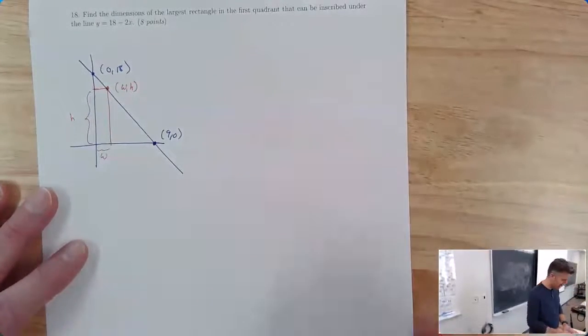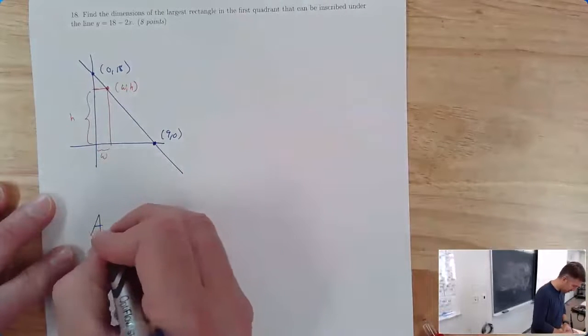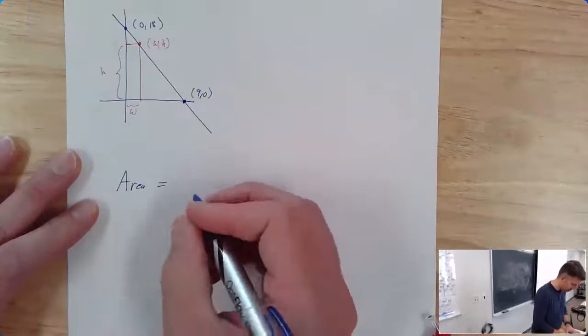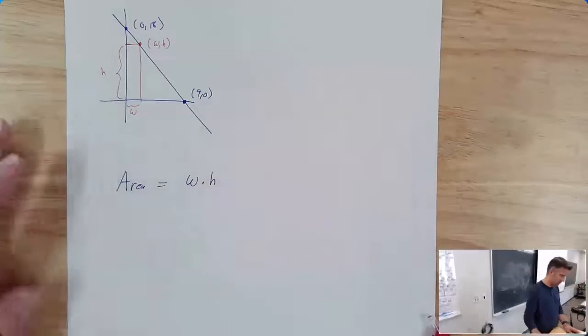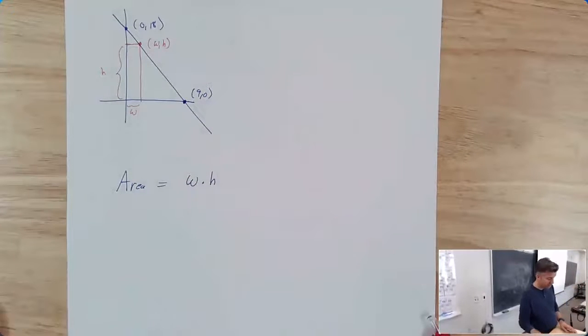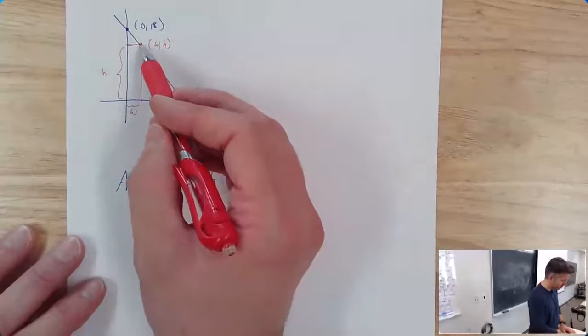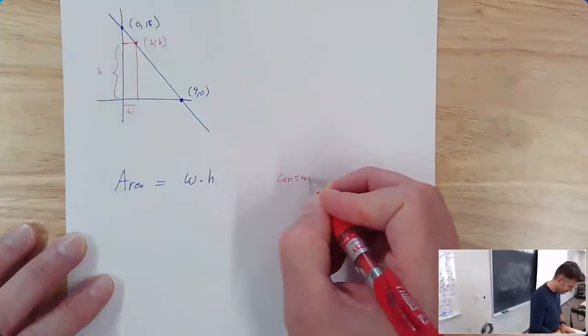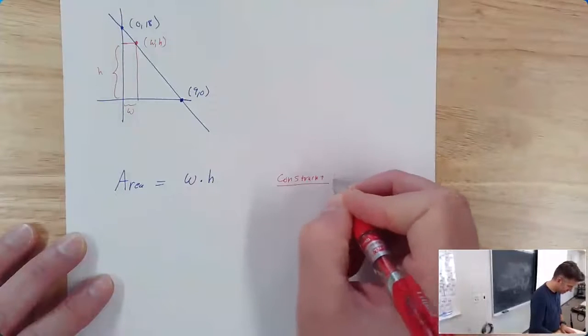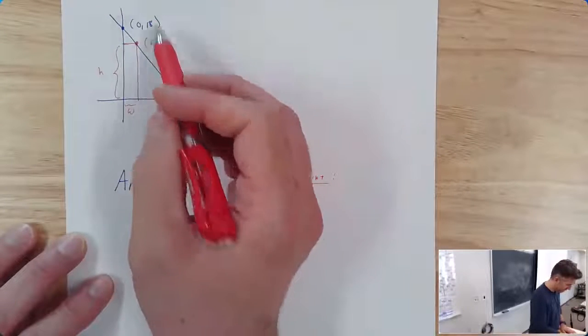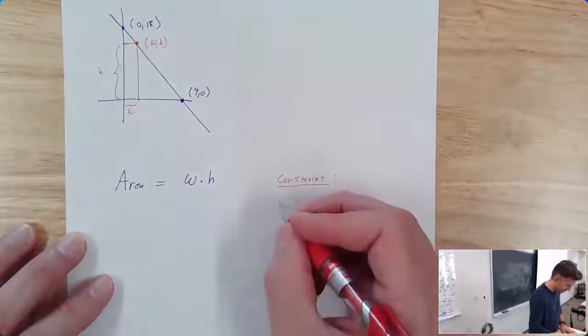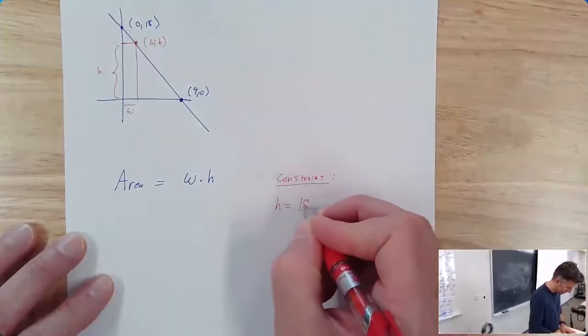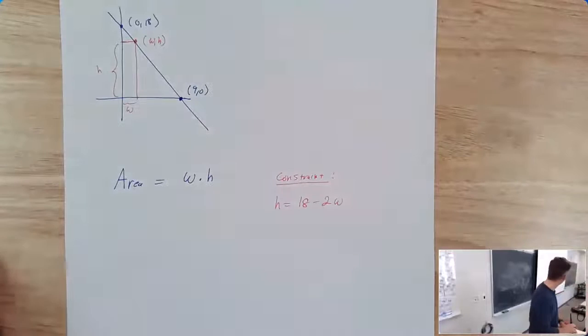So if I'm trying to maximize, the area is equal to w times h. But the point being on this line means that my constraint is that, while h is the y thing and w is the x thing, h has to equal 18 minus 2 times w.